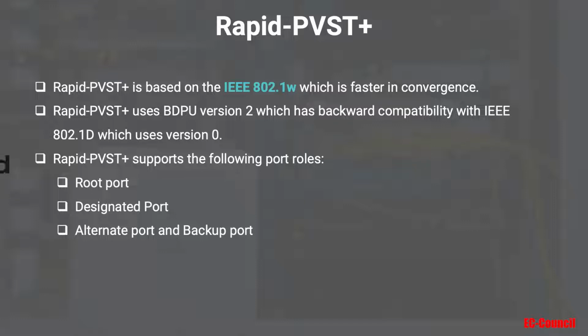The cool thing about Rapid-PVST Plus is that it uses BPDU version 2, which is backward compatible with the regular IEEE 802.1D, because regular spanning tree uses BPDU version 0. Rapid-PVST Plus supports these port roles: the root port, designated port, backup port, and the alternate port.